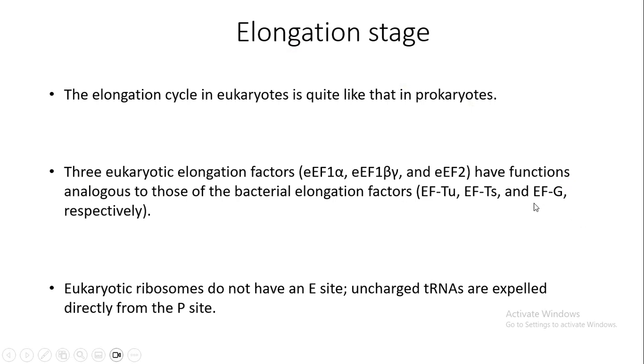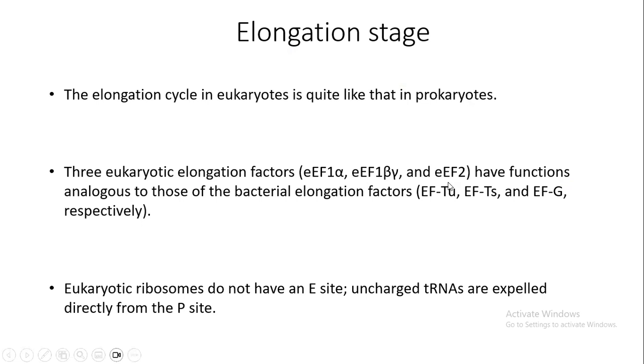And the third, elongation factor G, or the translocase, helps in movement or translocation of the ribosome towards the 3' end of messenger RNA by a distance of 1 codon at the end of each elongation cycle.